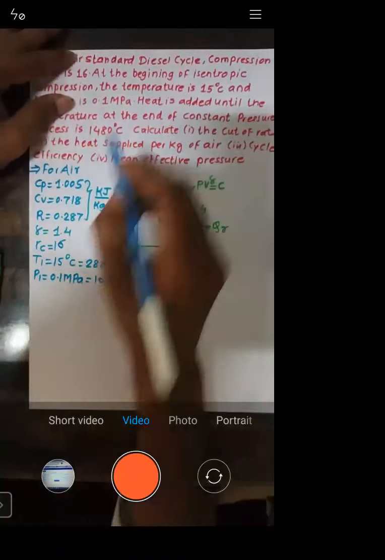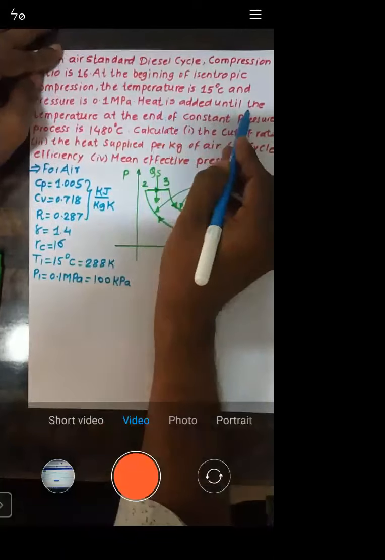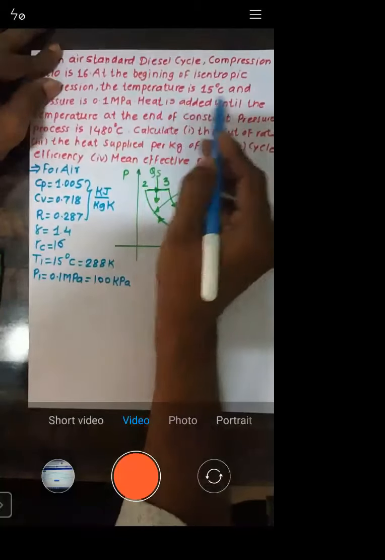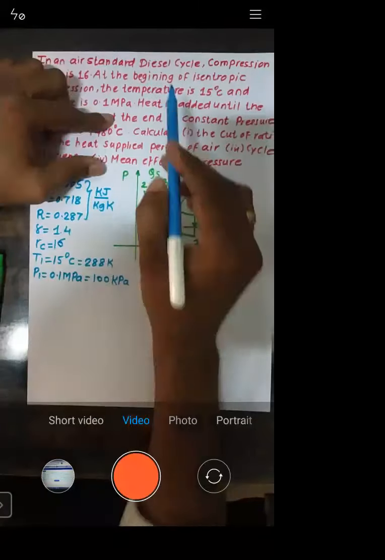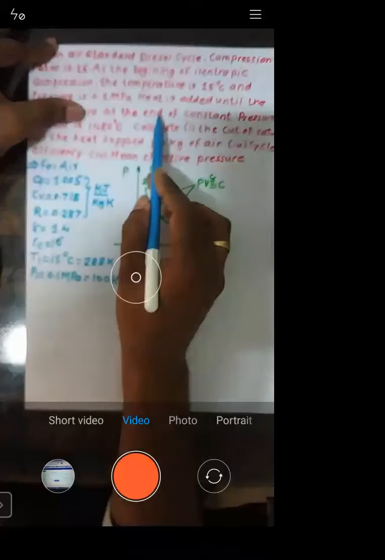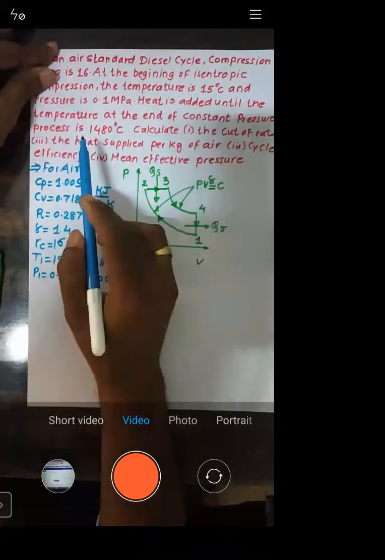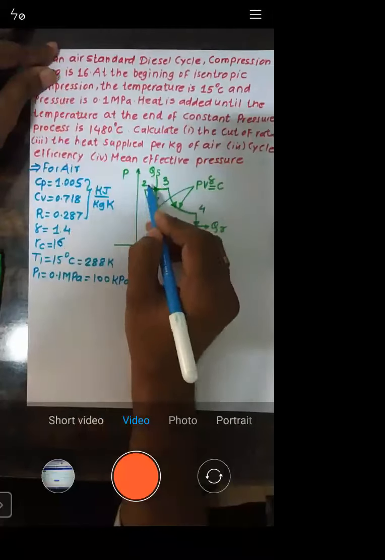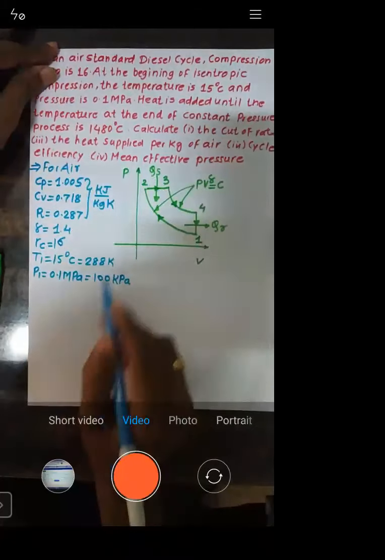Next, the heat is added until the temperature at the end of the constant pressure process is 1480. We need to add the heat until what? 2 is the start of the constant pressure process, 3 is the end of it.